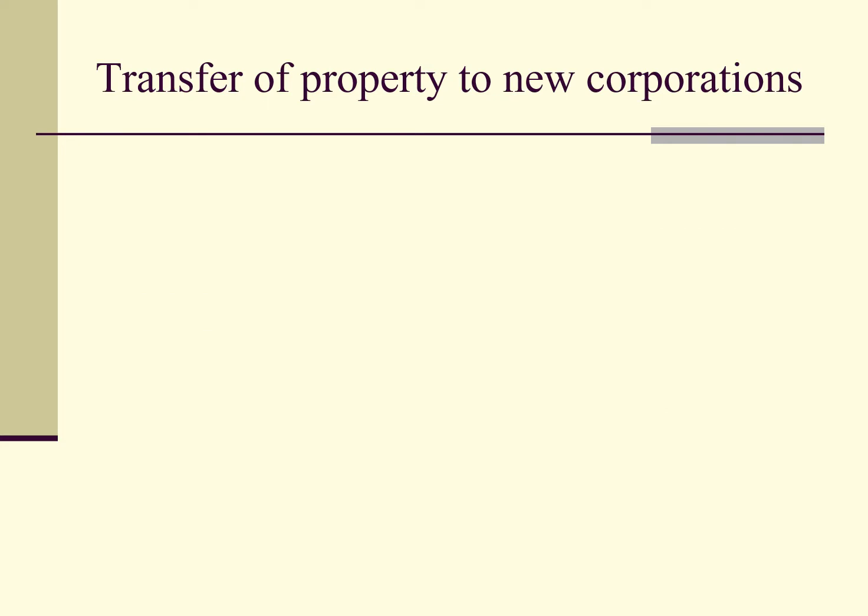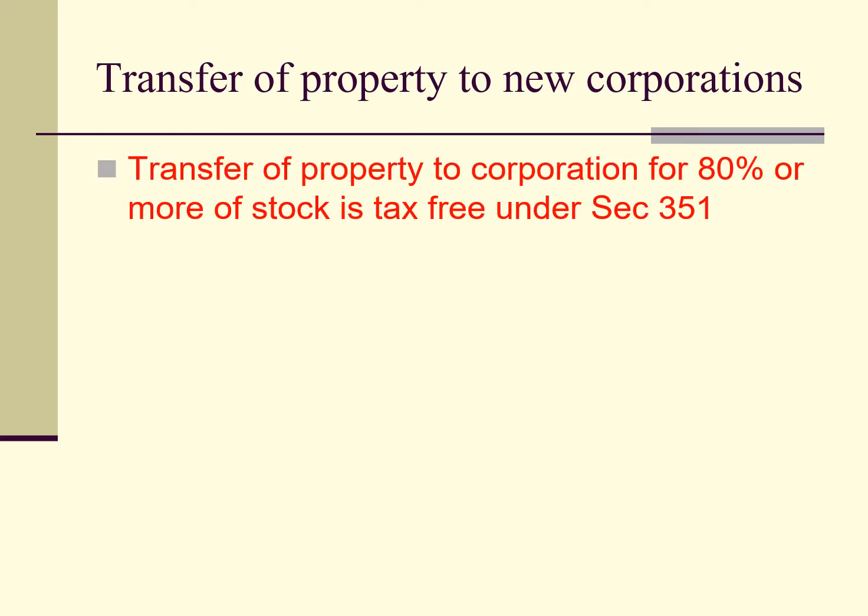The first topic is transfers of intangibles to new corporations in exchange for stock. As discussed in the text at 8.03, if property is transferred to a corporation in exchange for 80% or more of its stock, then the transfer can qualify as a tax-free transaction under Section 351.